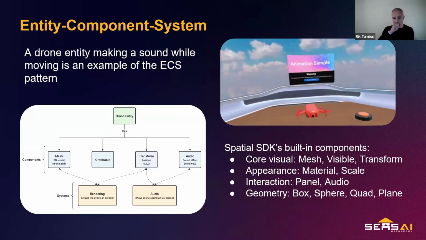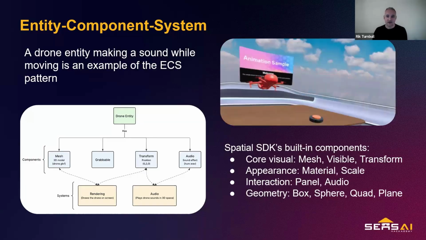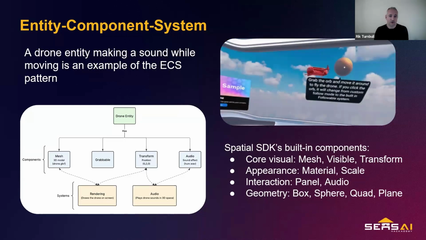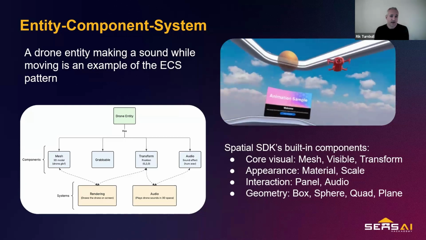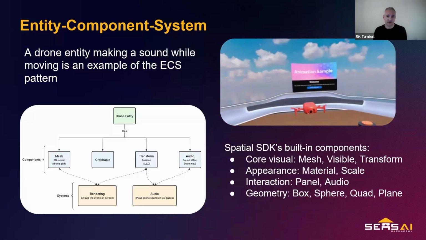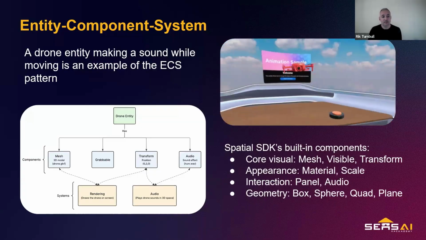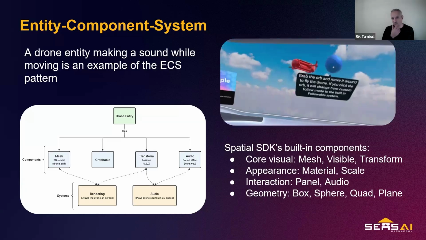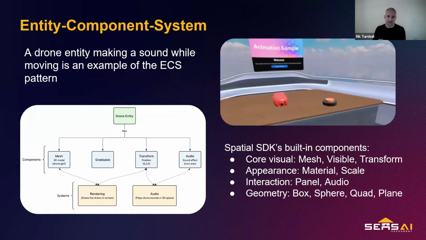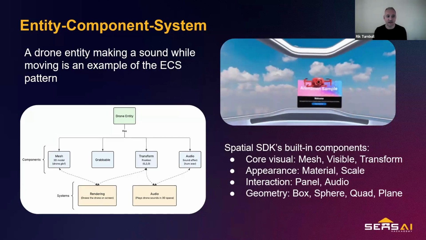So in that scene, the drone can be considered the entity. In here, it's a model, which you can import from other apps, your favorite tool for building models, import those into a scene, perhaps with animations on them already, but then add components to give that behavior. The components effectively represent the state of that entity whilst it's inside your application.